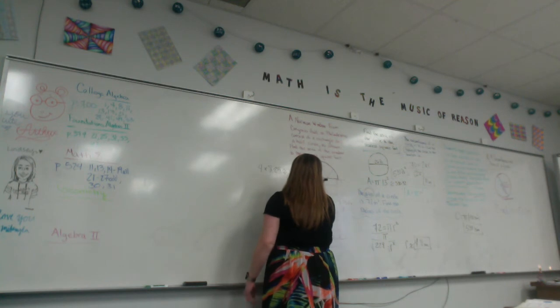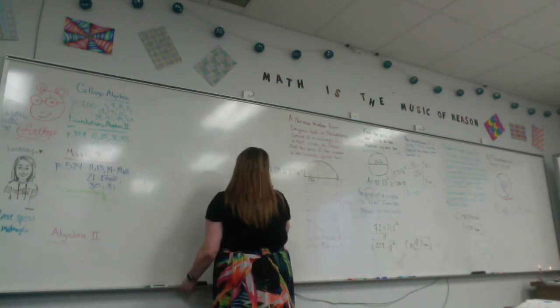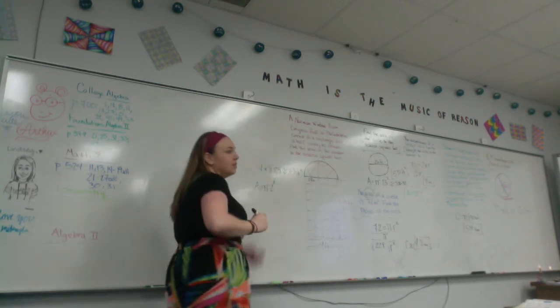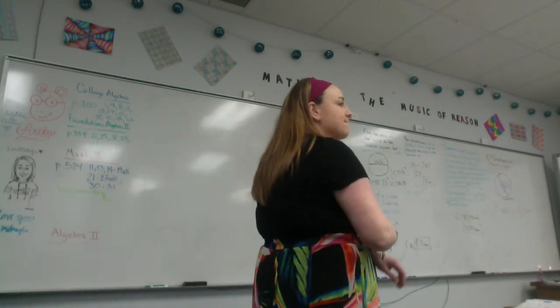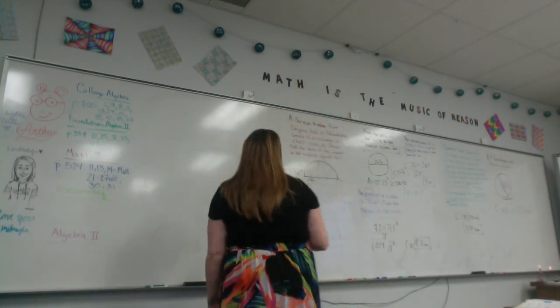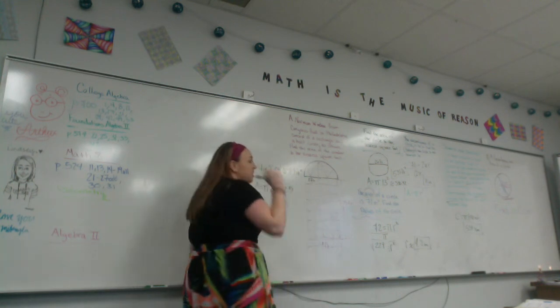Okay, good. So what's my formula for the area of a circle? Area is pi r squared. So what's 2 squared? 4. What's 4 times pi? 12.5. Now, I have a question for you. That's the area of a circle.